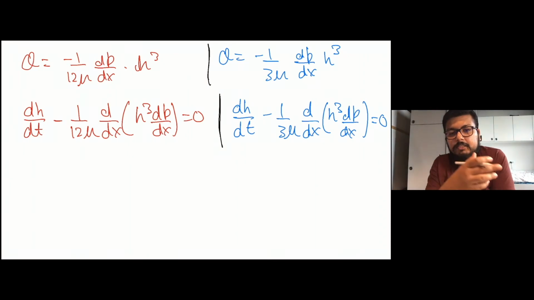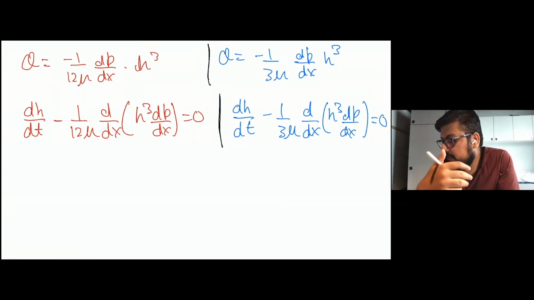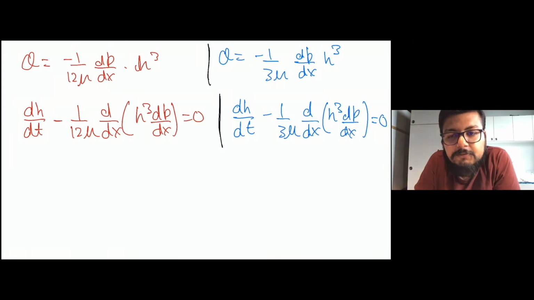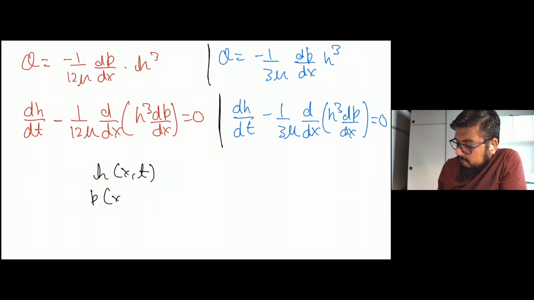So the first step while solving such problems would be to identify what kind of boundary conditions we have at the top of the domain, and then figure out which are the relevant equations that we need to use. In such flow problems, we are usually interested in two key variables. One is the height h as a function of x and time, and second is the pressure as a function of x.